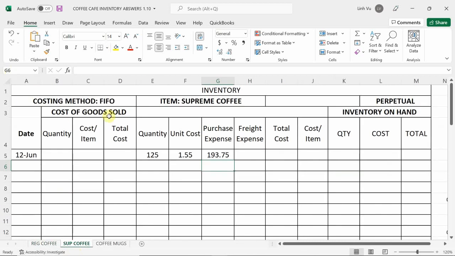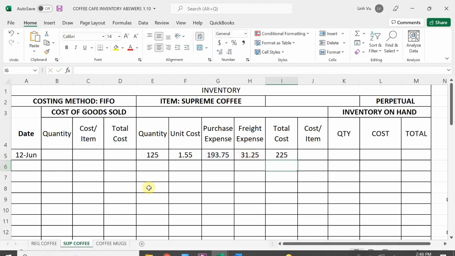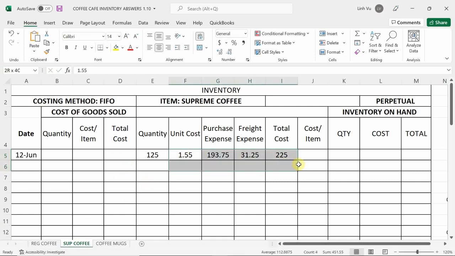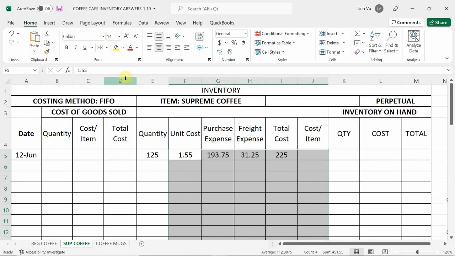We need to also update our Supreme coffee because we also had another $31.25 for freight, giving me a total cost of $225. Now, we mentioned that we're going to calculate my Supreme coffee as FIFO.